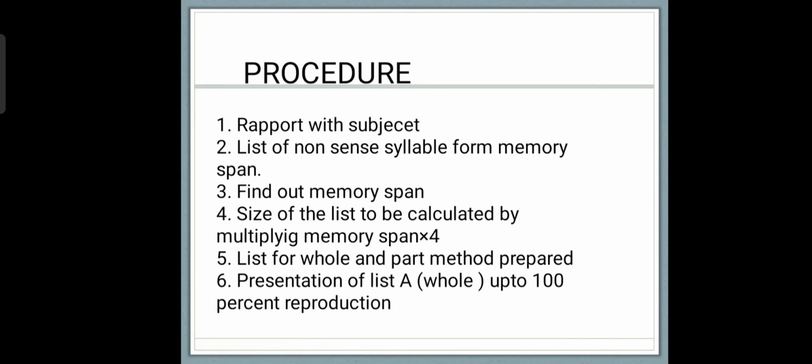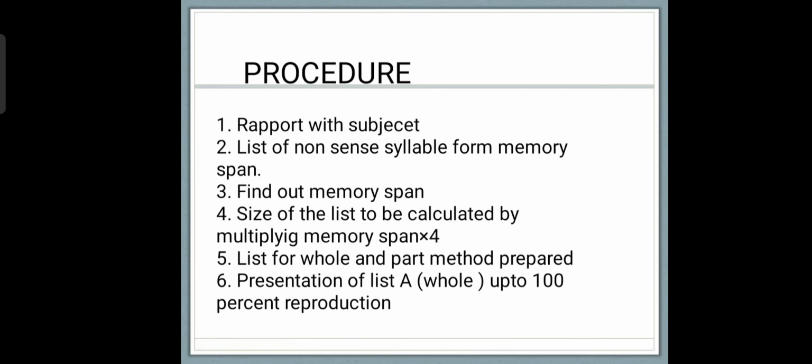All these nonsense syllables should be unique to their own list and should not be repeated. Then the list will be presented one by one to the subject through the paper window, with 2 seconds exposure time.